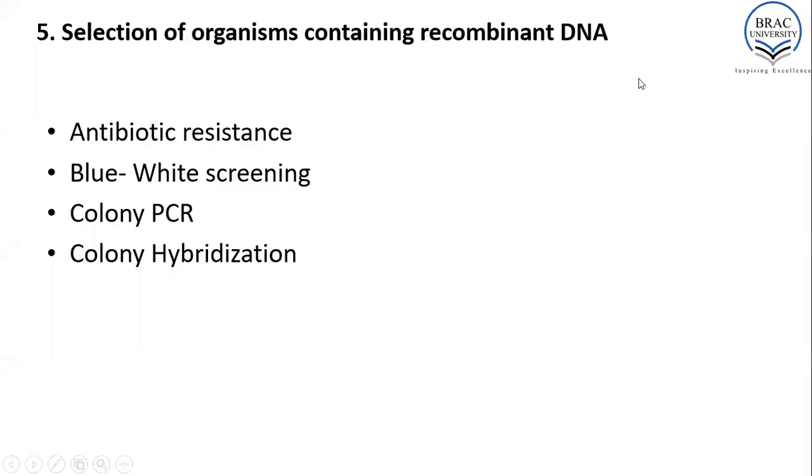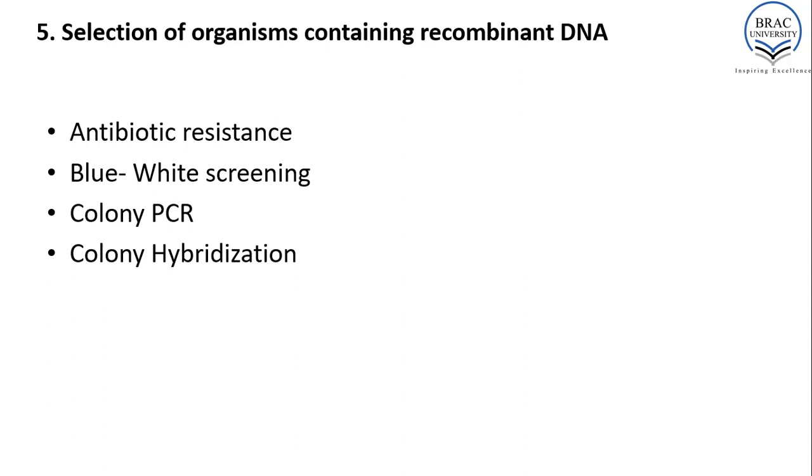So what happens after the transformation into the bacterial cell? The cells are then plated out onto agar media with the appropriate antibiotic, as we expect that our vector, in most cases, has an antibiotic resistance gene.